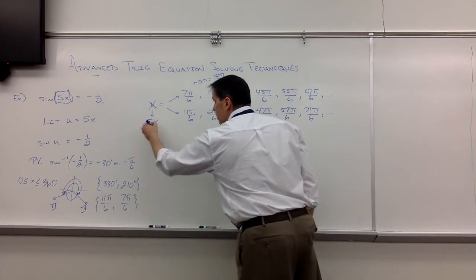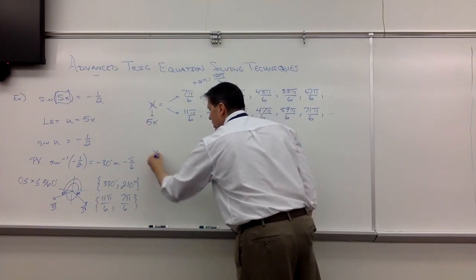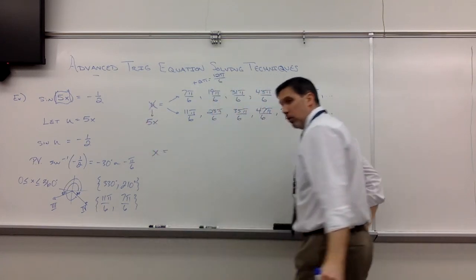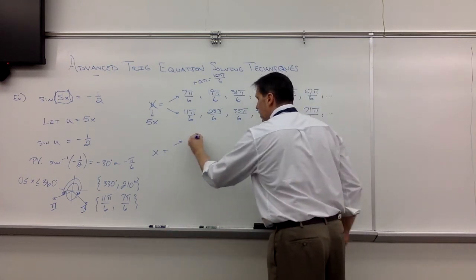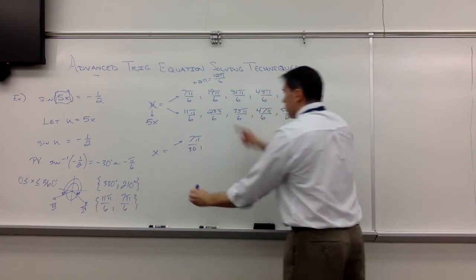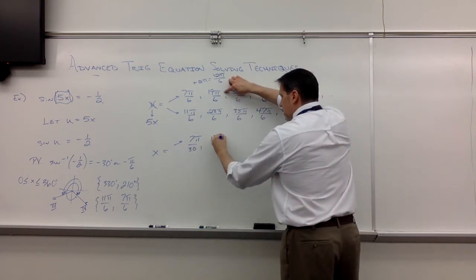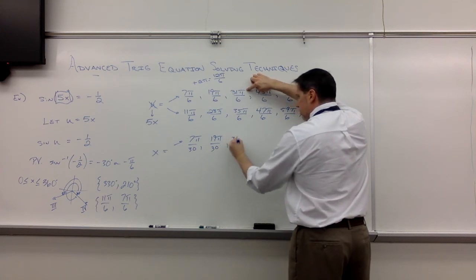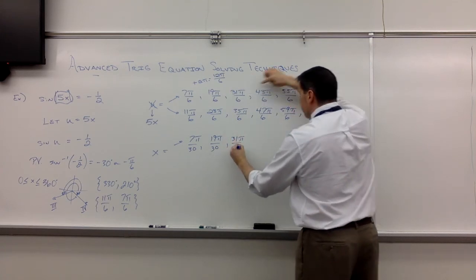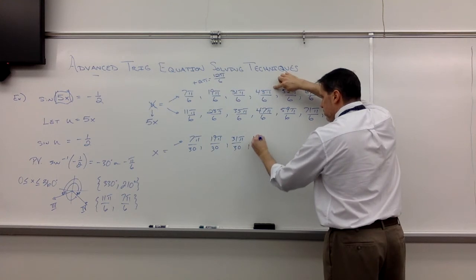So if u is 5x, then x is going to equal, let's go, 7 pi/30 is one solution, 19 pi/30, 31 pi/30, 43 pi/30.